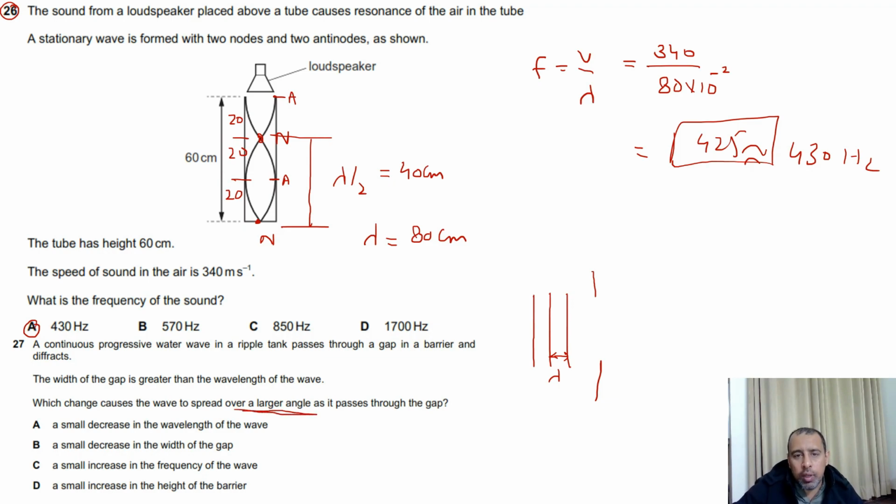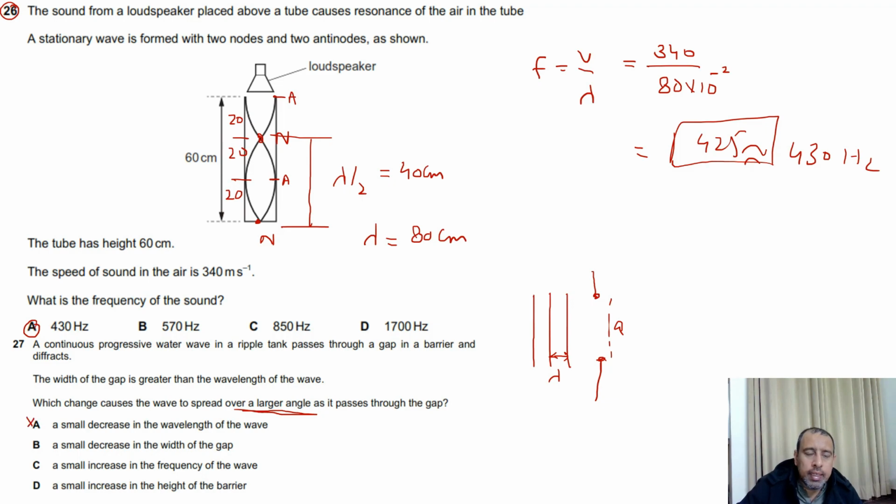So to get more diffraction, this distance A must be comparable with lambda. So we must decrease this A, the gap, or increase this lambda. A small decrease in the wavelength, which is already small, that's why this is the wrong answer.